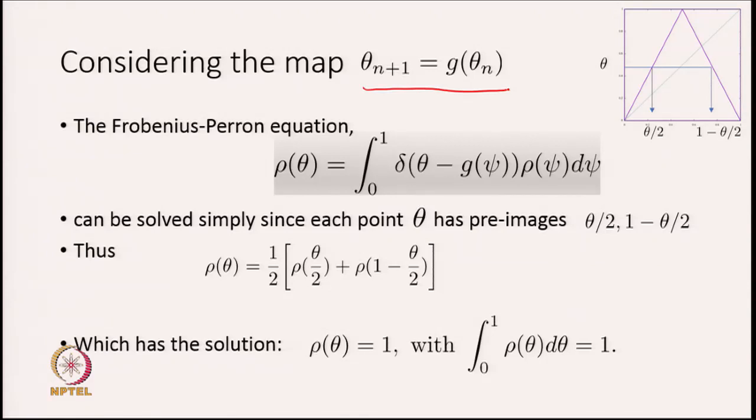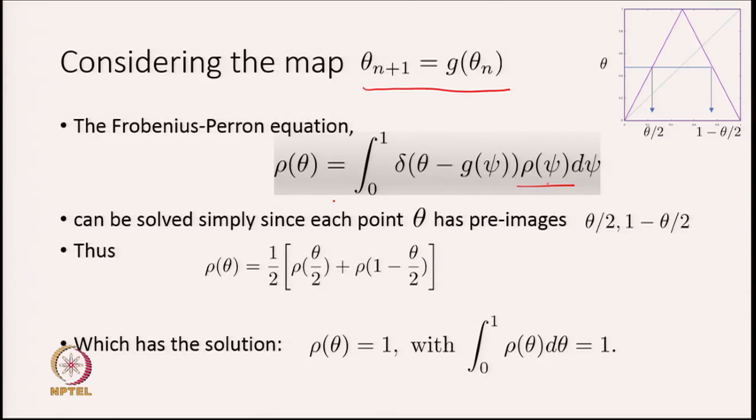And we note that this is the form that the Frobenius-Perron equation takes. You start with the density rho psi d psi, and then you map the point psi to theta via g psi, which is theta, and that gives you this function.